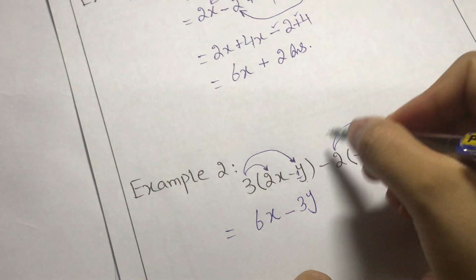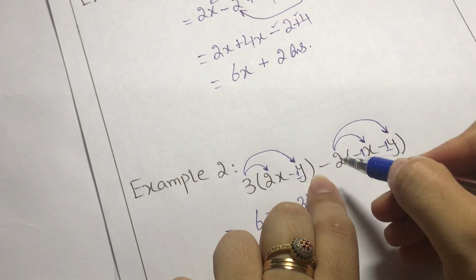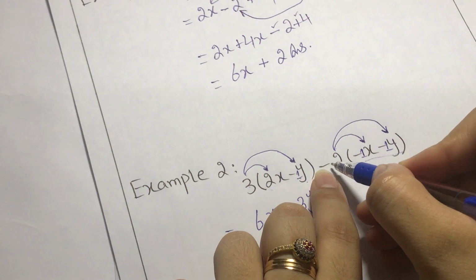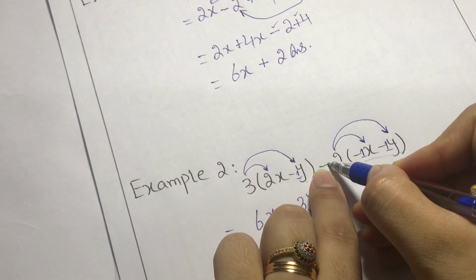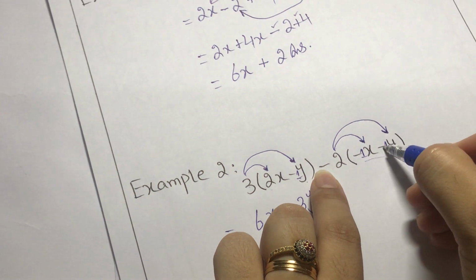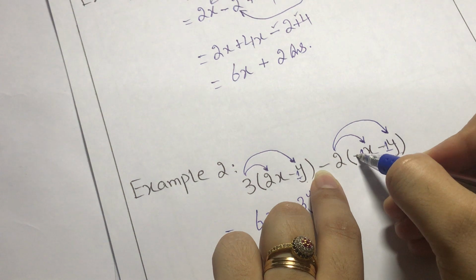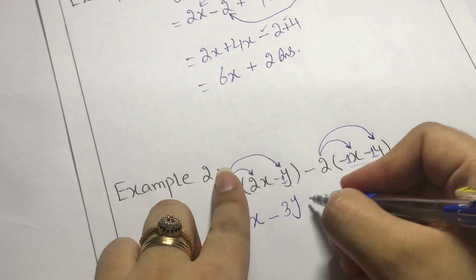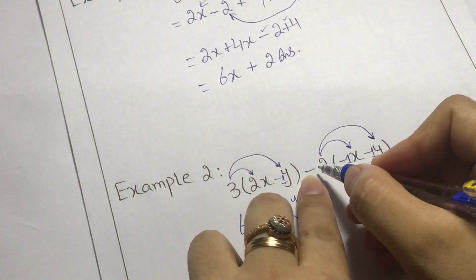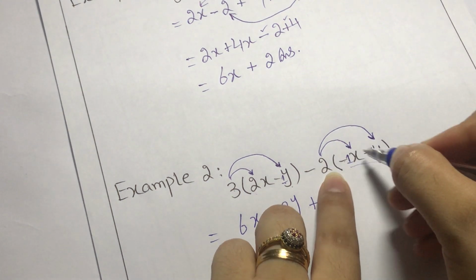Now this is a little bit different, but we have done this in the previous lessons, that if the multiple is negative, it will change the signs inside the bracket. The negative signs will be positive, minus and minus, plus. It's negative 2, so you have to change the signs inside the bracket.